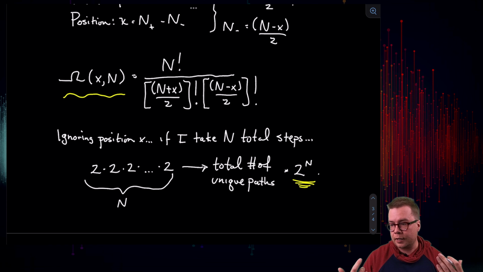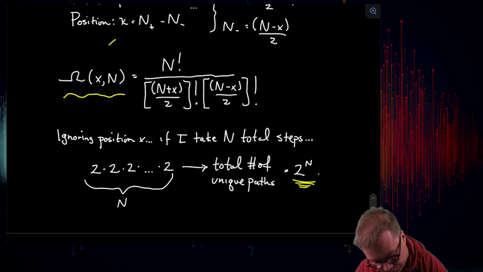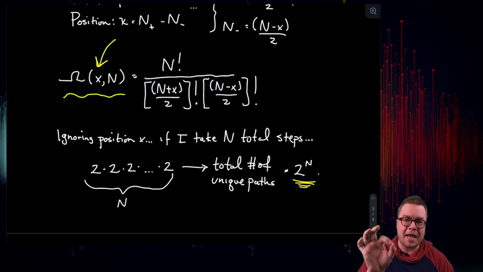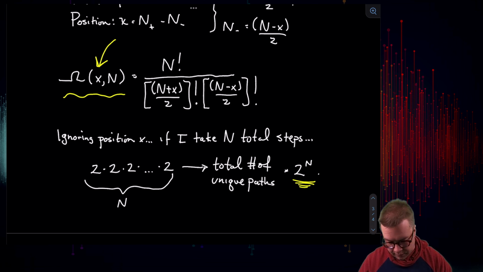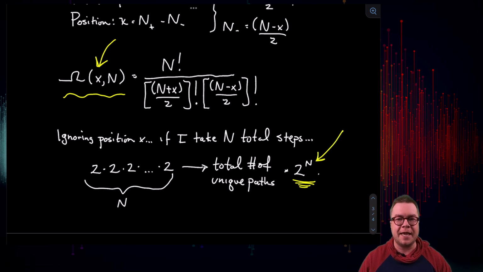What it's saying is that if I take n steps period, then there's 2 to the n ways of uniquely doing it. So this number of microstates depends on the position. It's how many unique ways can you get to this certain position after n steps.